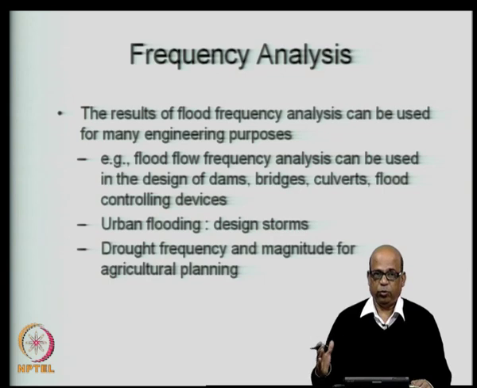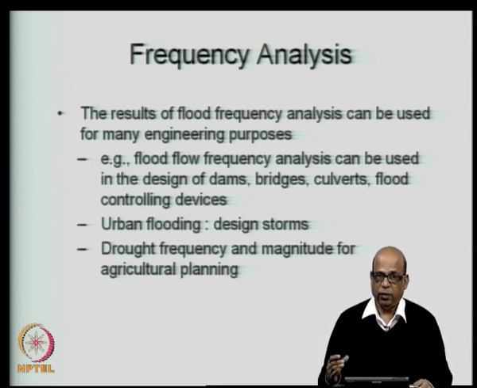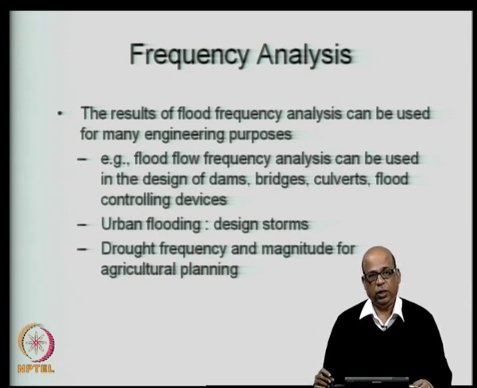For example, for urban stormwater drainage, we may be interested in return periods of once in 5 years, once in 10 years and so on. So, these are the return periods in the sense that the magnitudes of the discharges or the rainfall intensities that we are talking about will appear once in about those many years on an average.